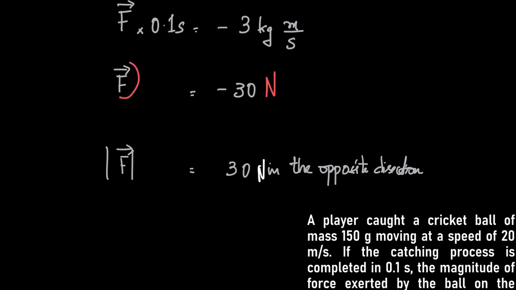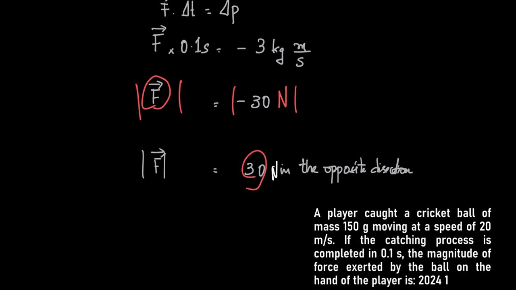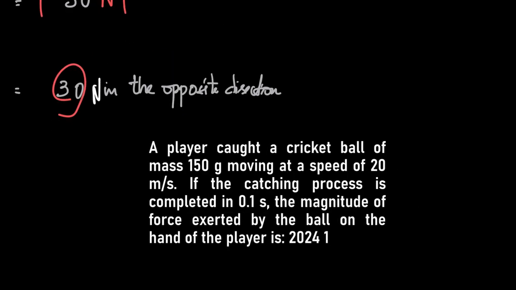Since this is a vector, if we take magnitude on both sides, we get 30 Newton as the force acting in the opposite direction. And the question very particularly says it is the magnitude of the force, which is therefore equal to 30 Newtons.